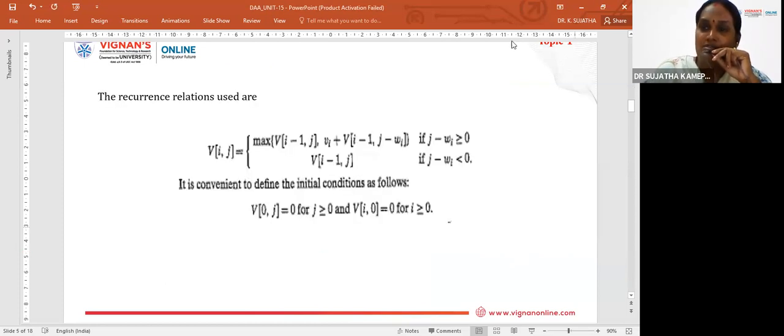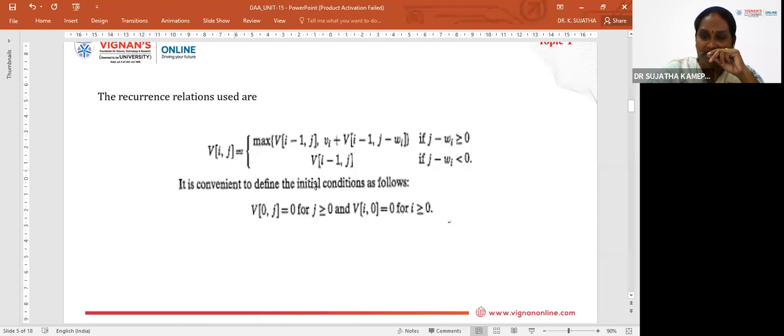Now, how are we going to solve this knapsack problem using dynamic programming? We know that in dynamic programming, the problem is divided into subproblems, so we can write a recurrence relation for the solution procedure.